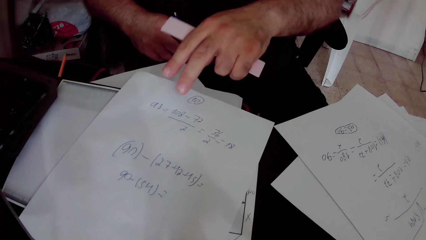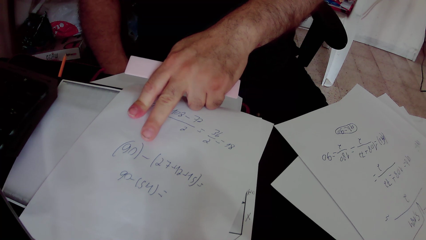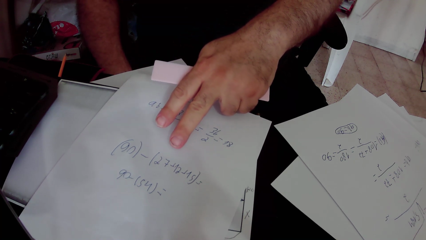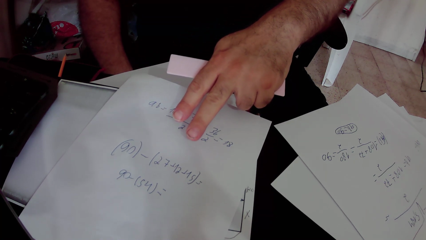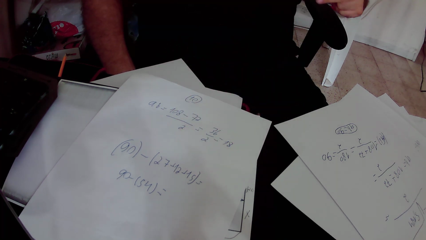So it will be 90 units minus the sum of the areas of the three right triangles, which are 27 units plus 12 units plus 15 units.